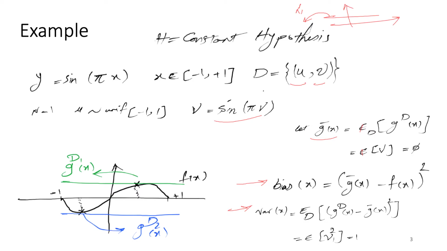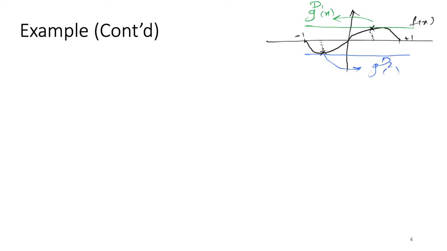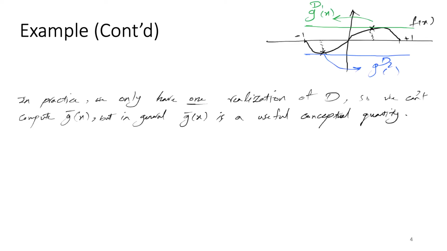All right, so let me just have the graph here. Okay, in practice, we mostly only have one realization of the D, right? We might not have multiple D's like D1 up to DK. So we can compute g bar, but in general, we use g bar as a useful conceptual quantity, right?